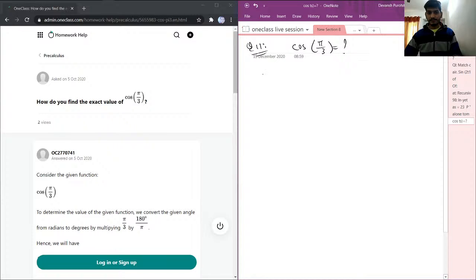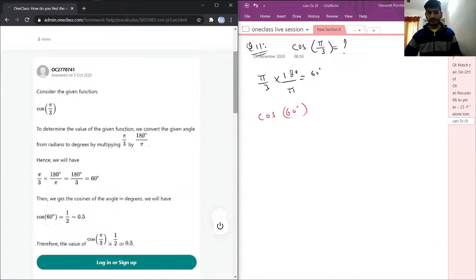So cosine pi over 3 is nothing but 60 degree. So we need to find cosine of 60 degree.